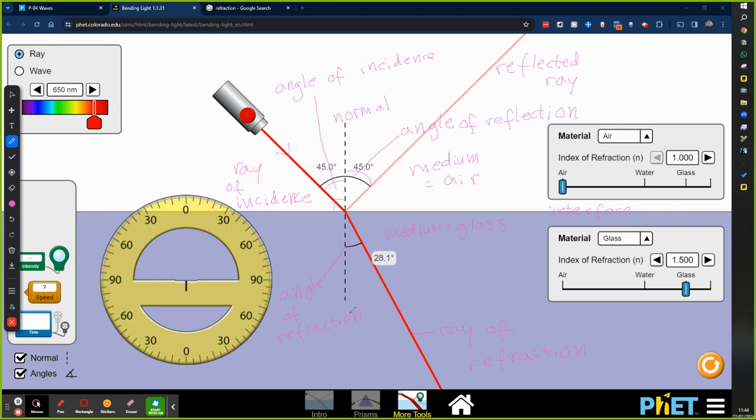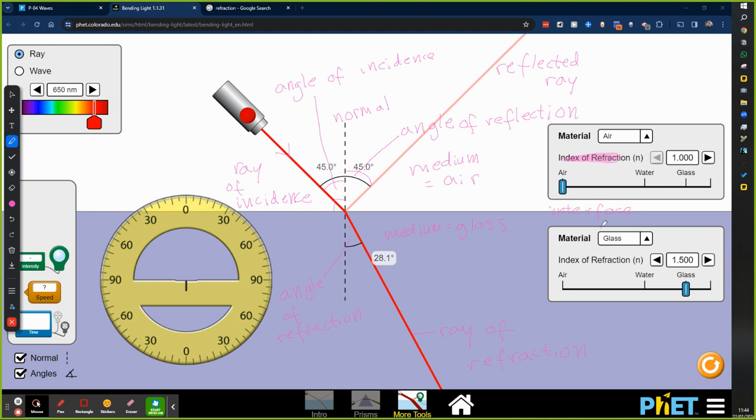Okay, so what else do we want to notice about this? Well, we probably want to notice that we have this index of refraction. Now we're getting a little bit more advanced, and this might be something you could experiment with yourself. So index of refraction.